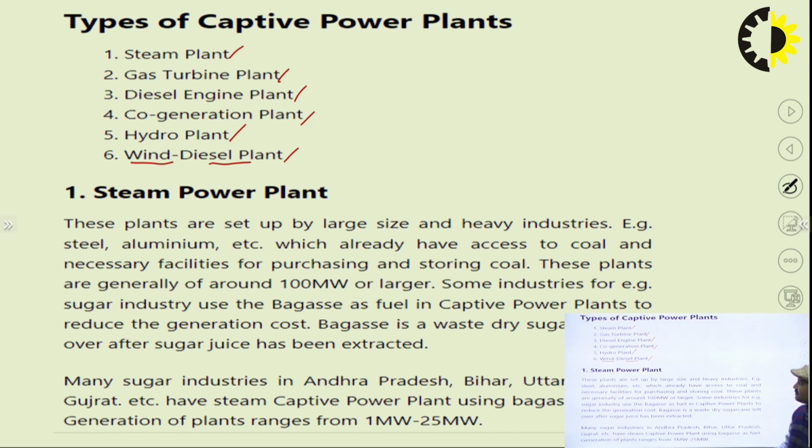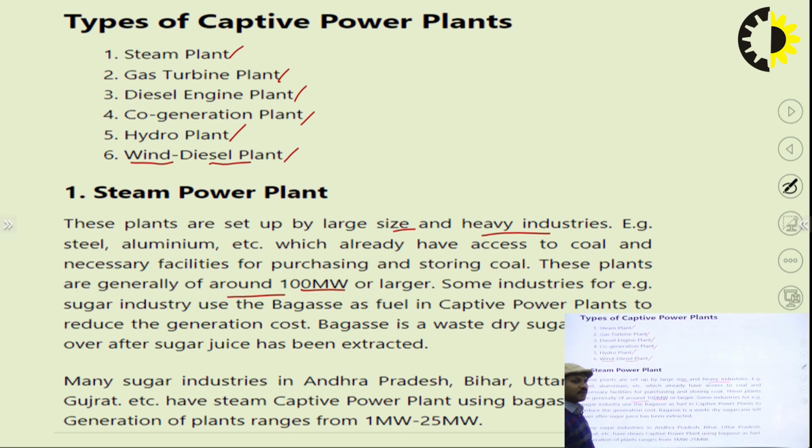These plants are set up by large size heavy industries, for example steel, aluminum, etc., which already have access to coal and the necessary facilities for purchasing and storing the coal. These plants are generally around 100 megawatt or larger.